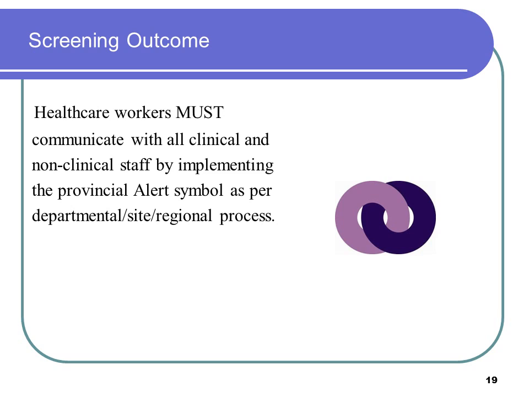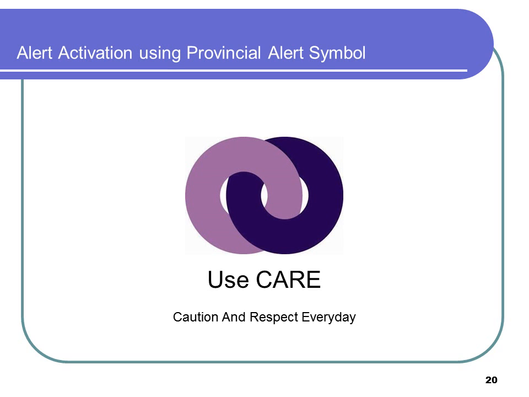Healthcare workers must communicate with all clinical and non-clinical staff by implementing the provincial alert symbol as per our program process. And you can refer to the guideline on this that's attached to the education and within our policies. Alert activation using the provincial alert symbol.